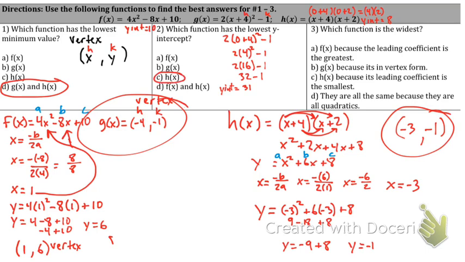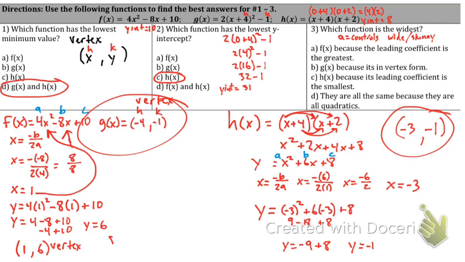Okay. Which function is the widest? So this is some stuff you have to remember from a couple weeks ago. Your a value controls how wide or thin, or skinny, your function is, your graph.